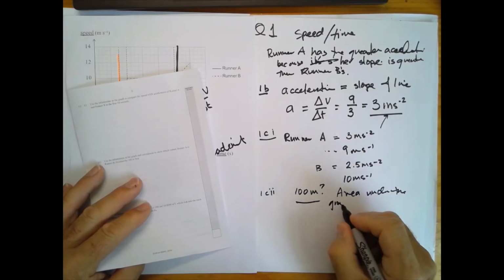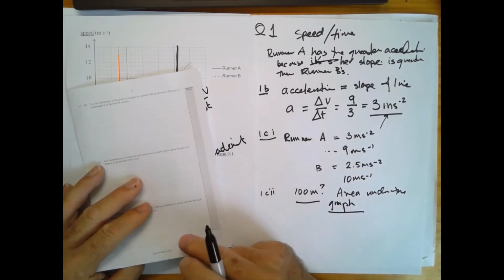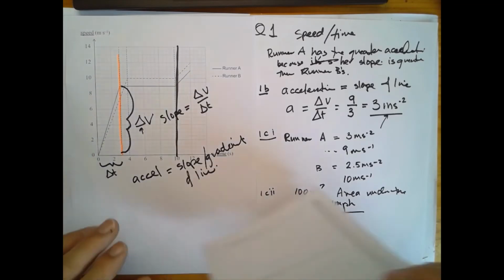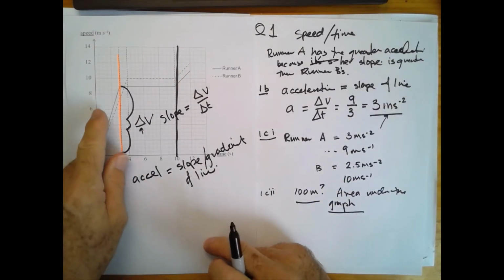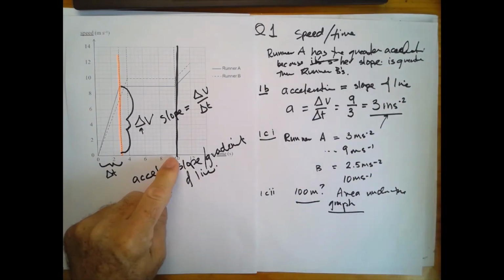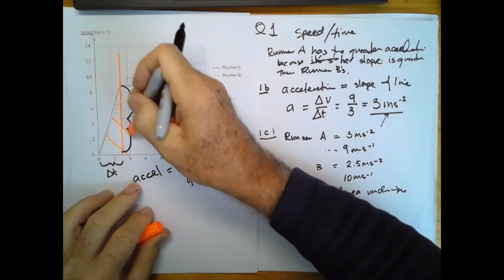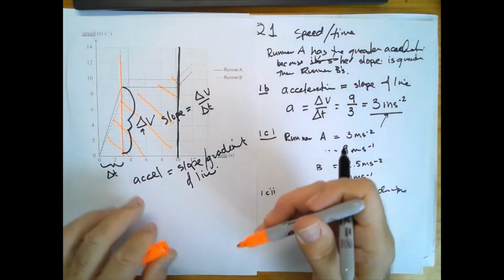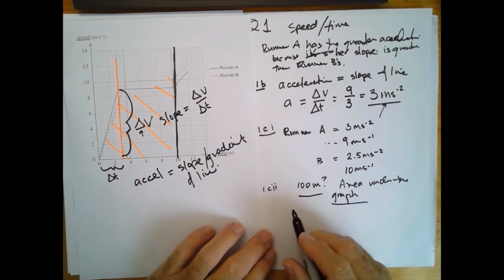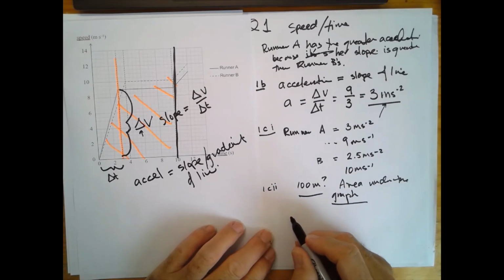In order to see who came first, we need to see who gets to 100 meters first. And remember, when we're looking at a speed time graph, it's the area under the graph which gives us our distance.